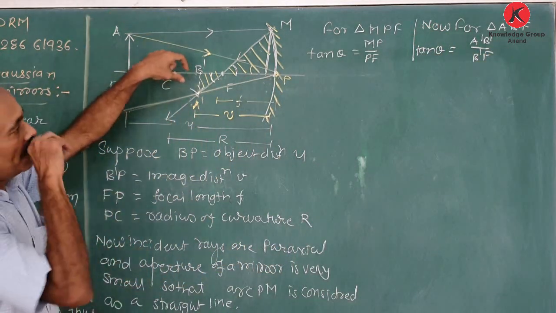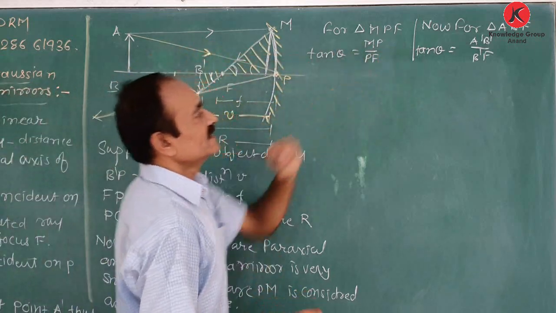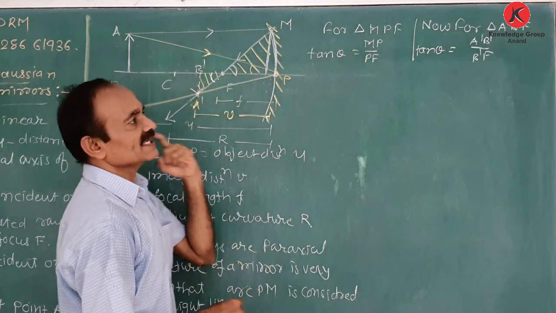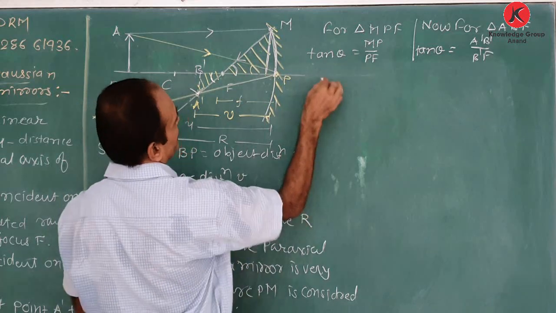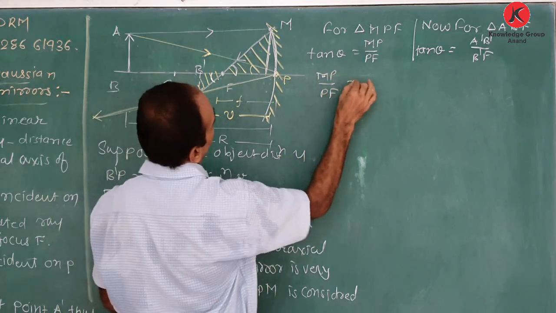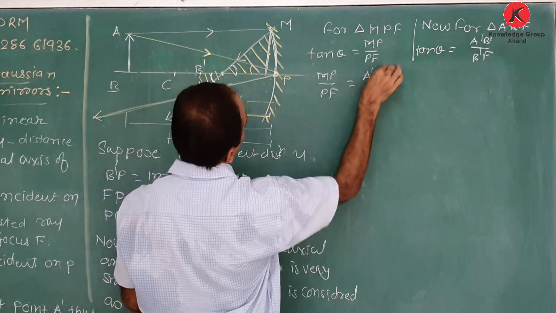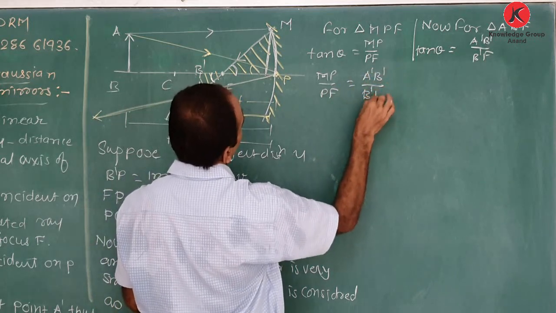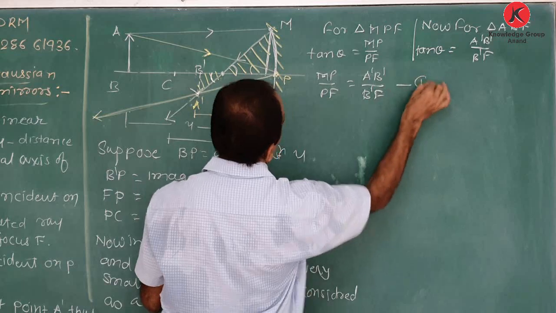Okay, now the left hand side of both equations is the same, therefore we compare these two equations. So MP upon PF is equal to A'B' upon B'F. That is our equation 1.